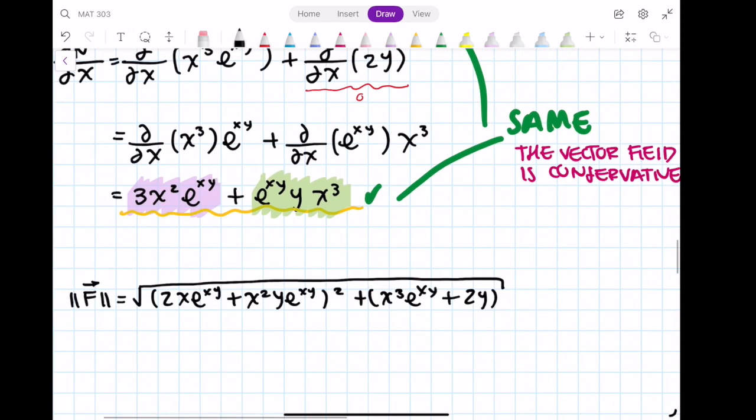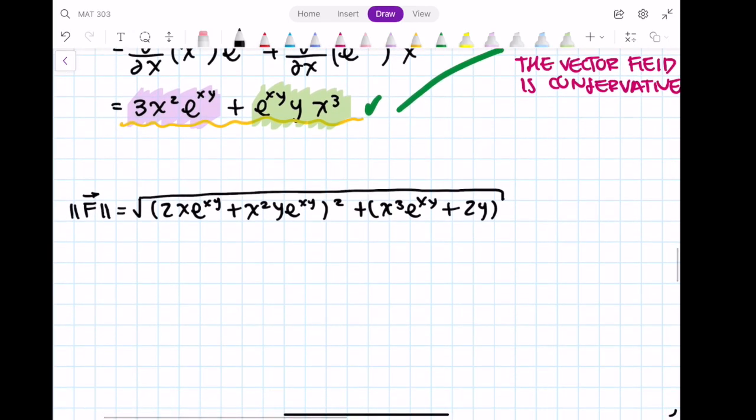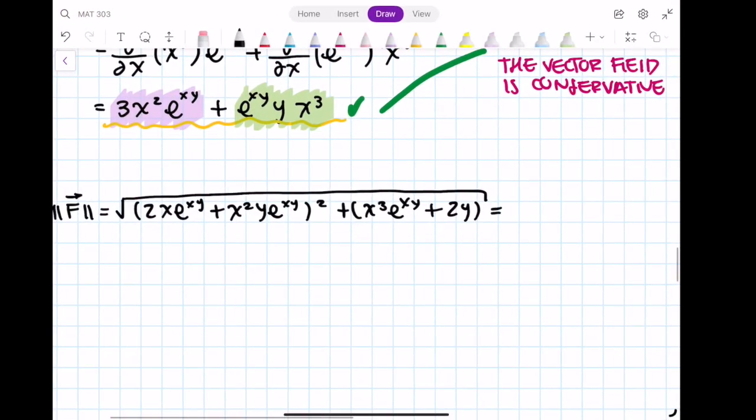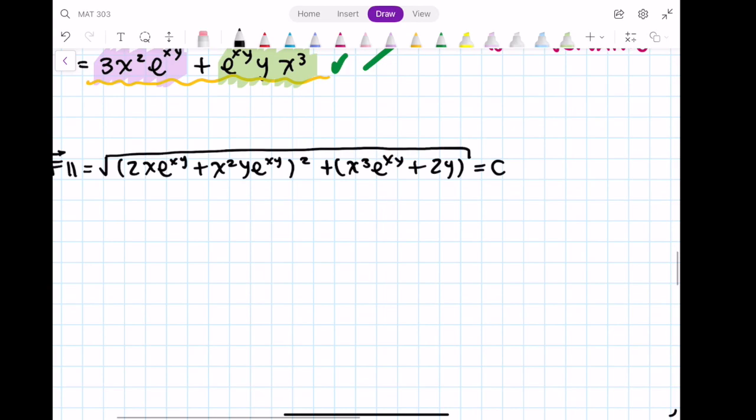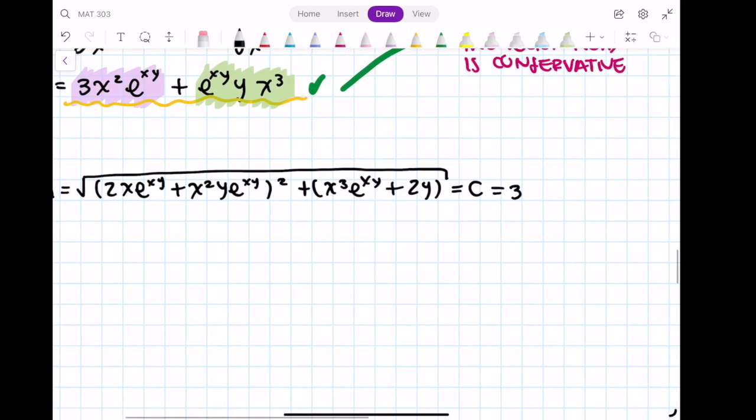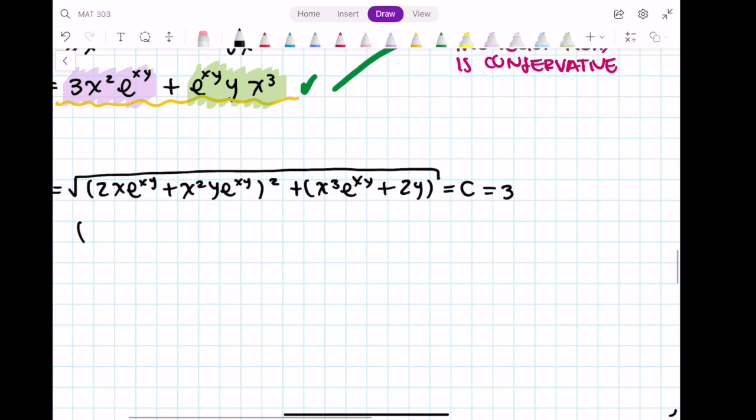So in this part also I'll just explain you how we can graph this function. So this is equal to c, and now we know that c is 3, right? So this is gonna be 3, right? So we just kind of simplify the whole function.